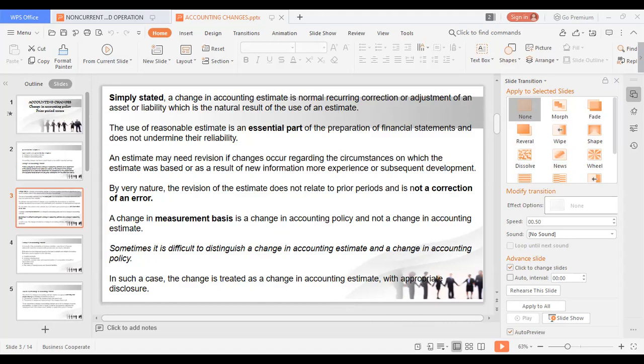So we have a total of 50,000. The corrected beginning balance of retained earnings is 800,000. And then we add the net income for 2020 retained earnings, and 2020 is 1.3 million.